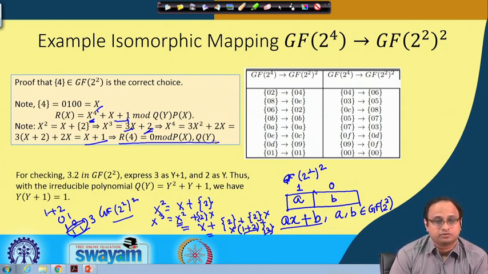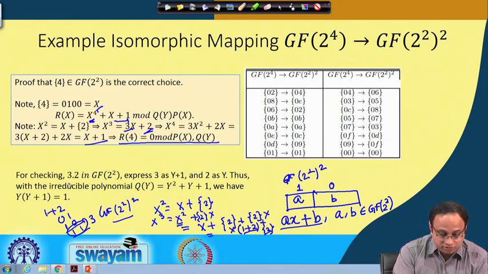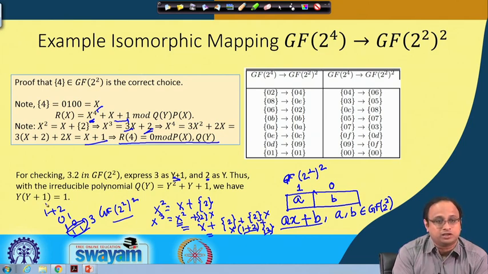So keep in mind that when you are doing computations like 3 into 2 in GF(2^2), you have to express 3 as y plus 1, and 2 as y. When you compute (y plus 1) into y, you get y squared plus y, and y squared plus y is nothing but 1, because now your polynomial is Q(y).